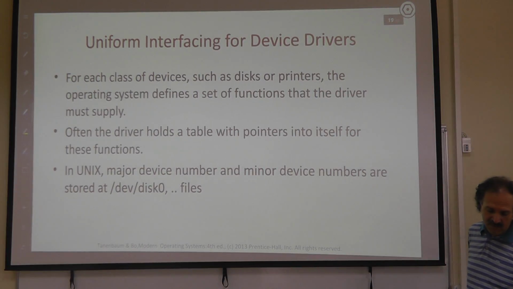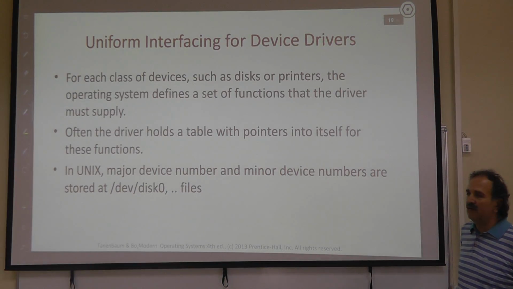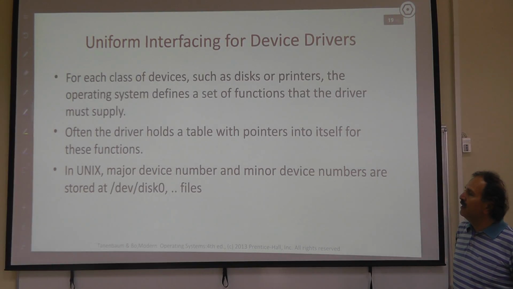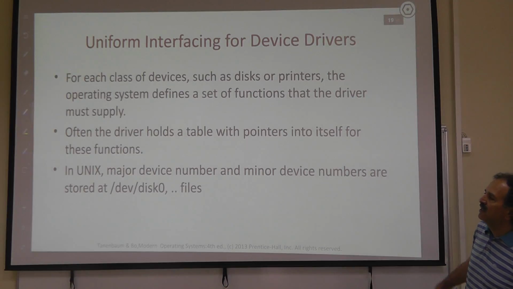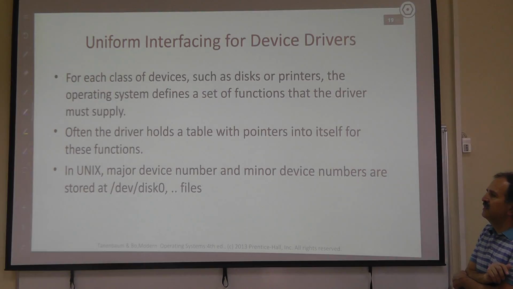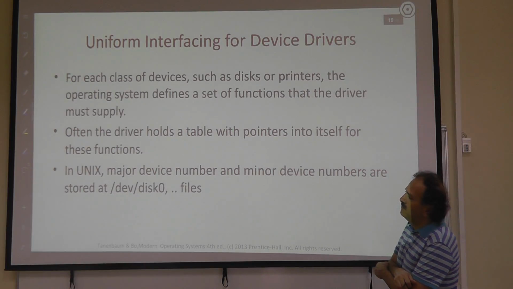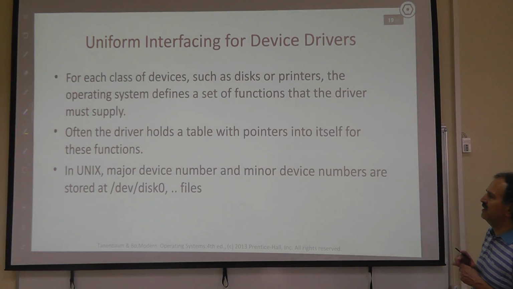Often the driver holds a table with pointers for these functions. The driver has a table like polymorphic function tables. The driver holds a table with the pointers, and the operating system follows those pointers and calls those functions. In Unix, there is a major device number and a minor device number concept.